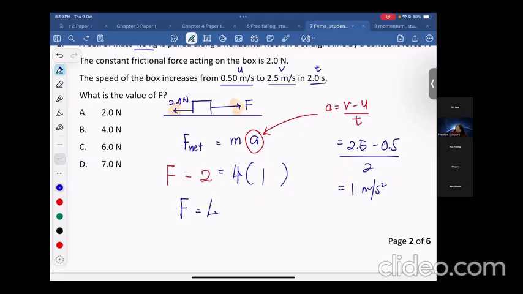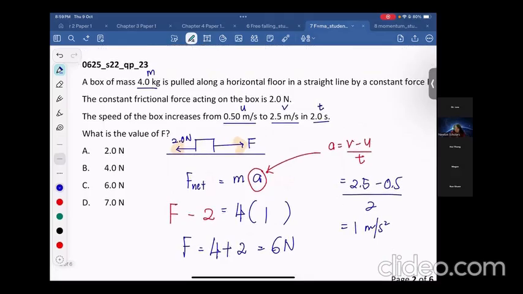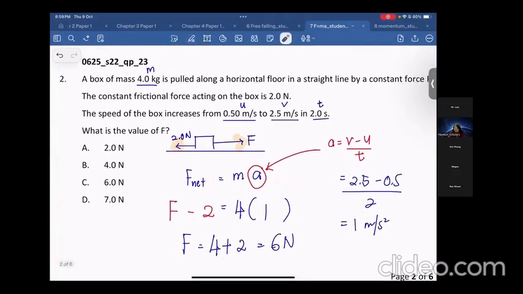So here, 4 plus 2 actually is 6 Newton. The common mistake is this part. I think you will just put F here, then you use 4, and finding A should be no problem. That's why you choose B as 4 Newton. But don't forget, we draw the diagram and it says there is frictional force. So resultant force should be the force we provided to pull minus the frictional force.